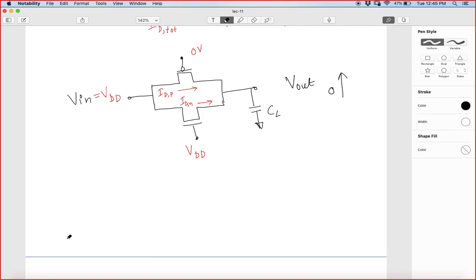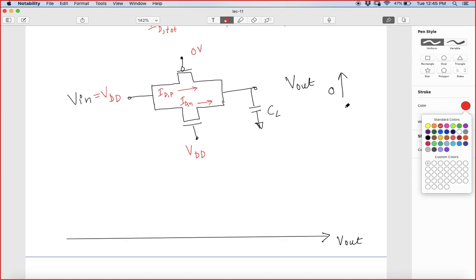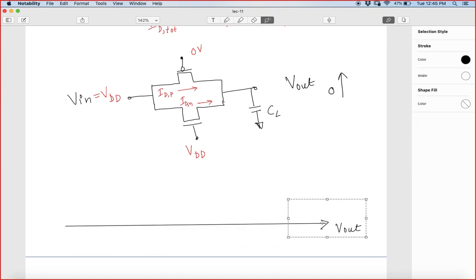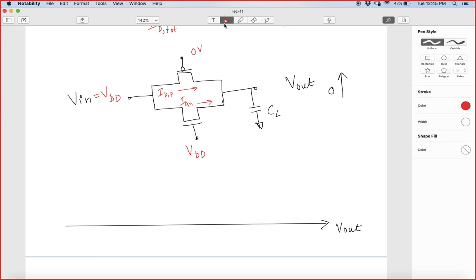So let's try to draw this x-axis. Here in the x-axis I am drawing Vout, and I'll try to see how the different regions of operation change.